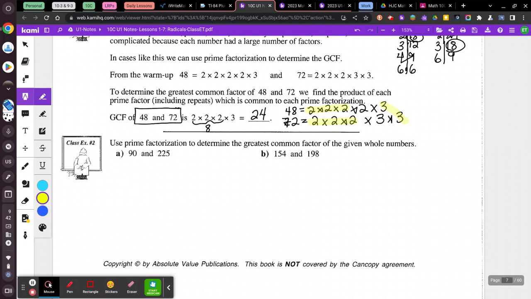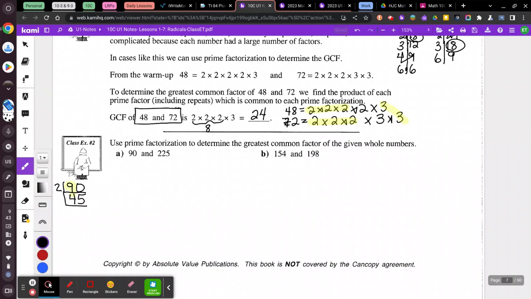So we're going to do the exact same thing for the numbers 90 and 225. For 90, I'm going to use factor charts, a division table. 90 divides by 2 and gives me 45. 45 is an odd number. It is going to divide by 5.